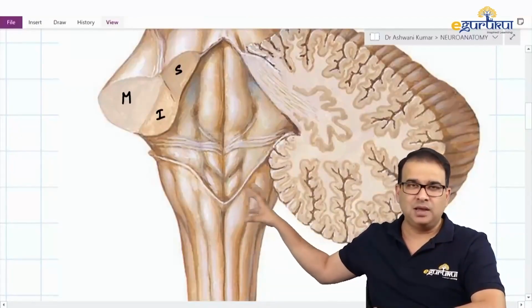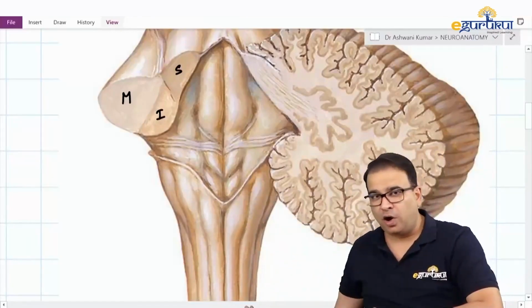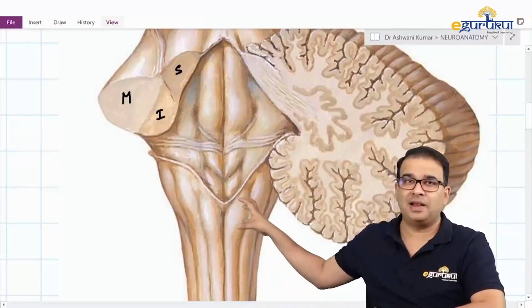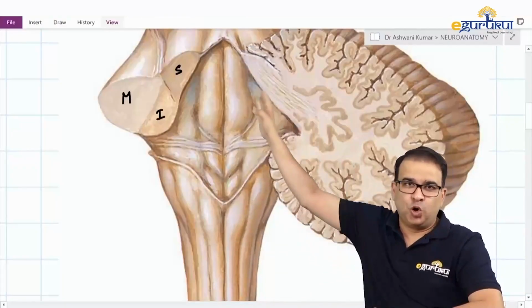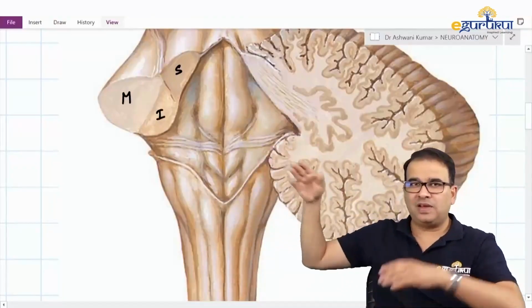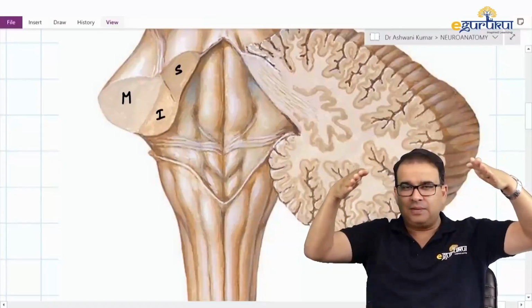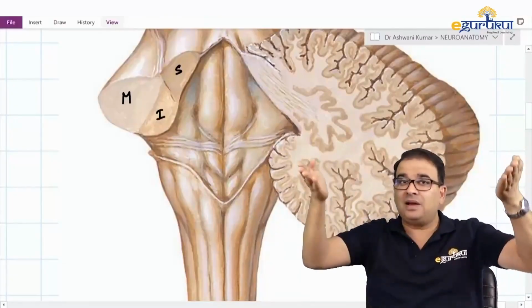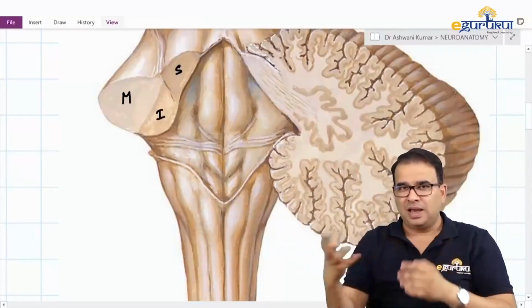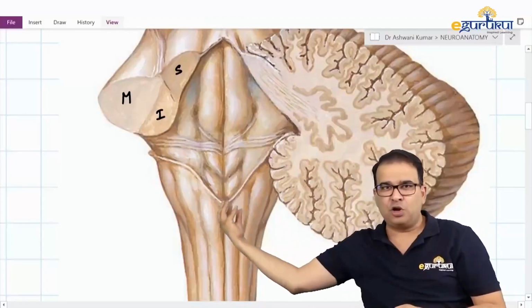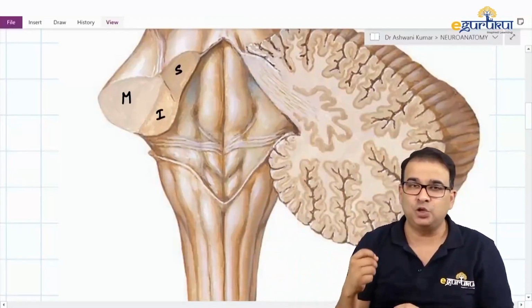That is the point where the first order neurons of the dorsal column tract end. So overall, the boundaries of the 4th ventricle are the superior cerebellar peduncle and inferior cerebellar peduncle. Middle stays out, so let's not count it. And in the lower part, we also have a contribution from the gracile and cuneate tubercles.